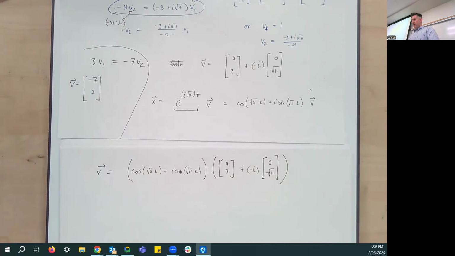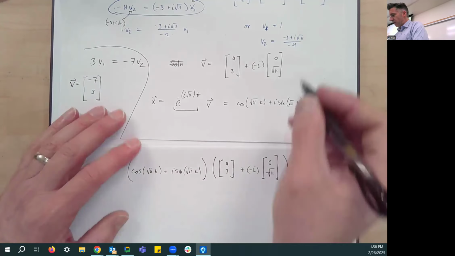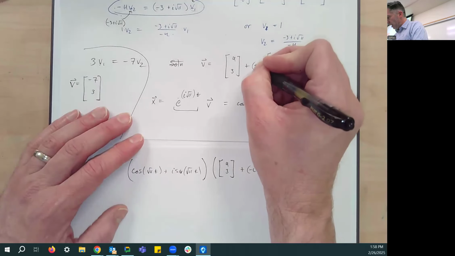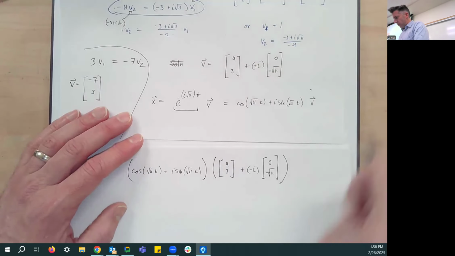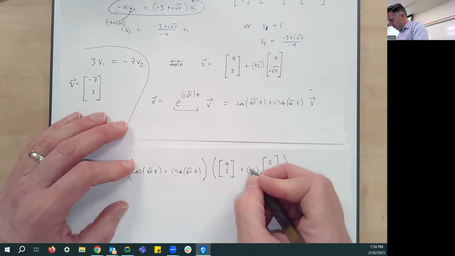I suppose I shouldn't have the negative i in front, actually. That's kind of a mistake. It should always be i times whatever, not negative i. I just brought it because I wasn't thinking. That should be a plus i times 0, negative root 11. Sorry about that.